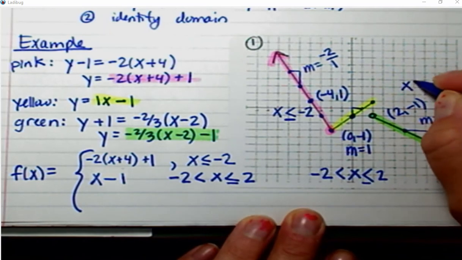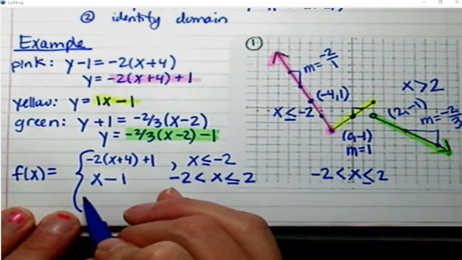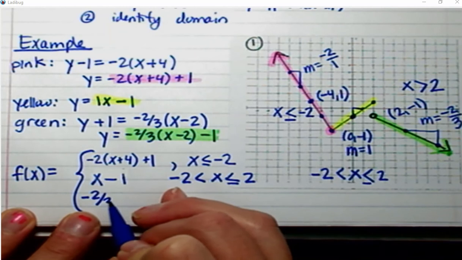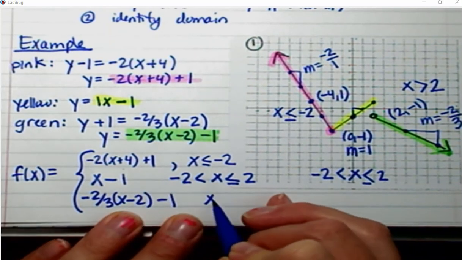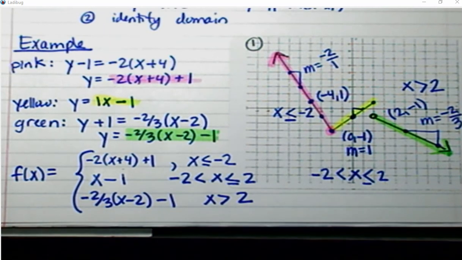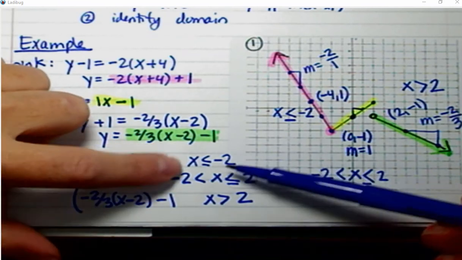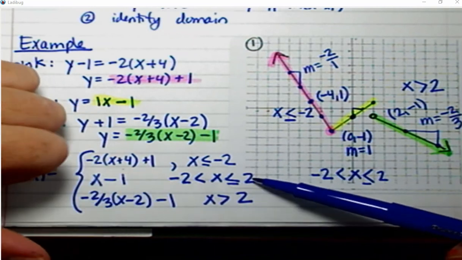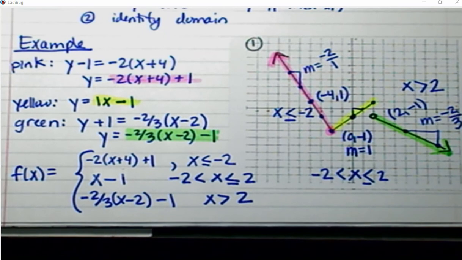So that is to the right of 2, not included. Okay, and then you just double check your domain and make sure that you're only including the x's once. Equal to -2, not equal. Equal to 2, not equal. Okay.